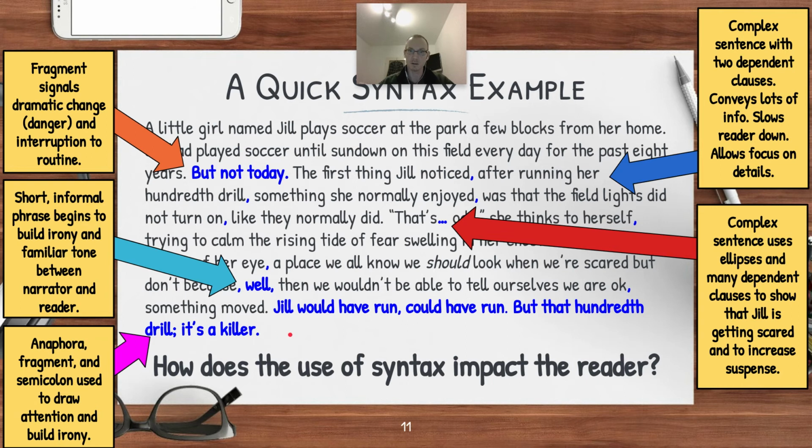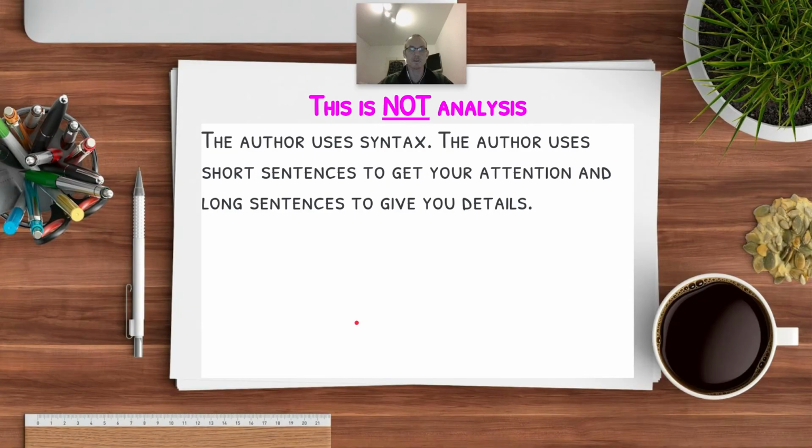"It's a killer," right? Then you're punctuating that irony at the end. And again, making it shorter helps accentuate the irony of that situation.